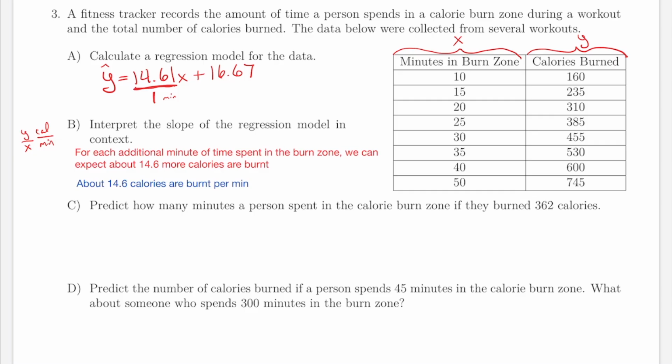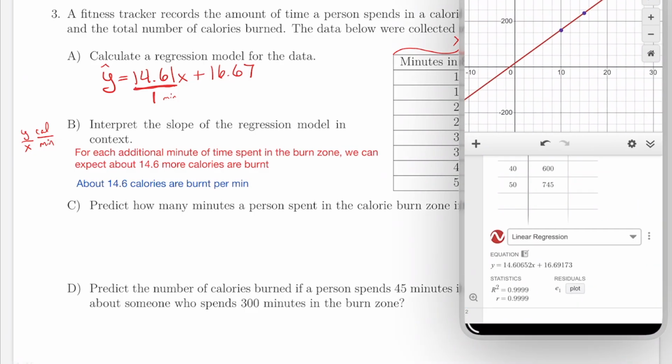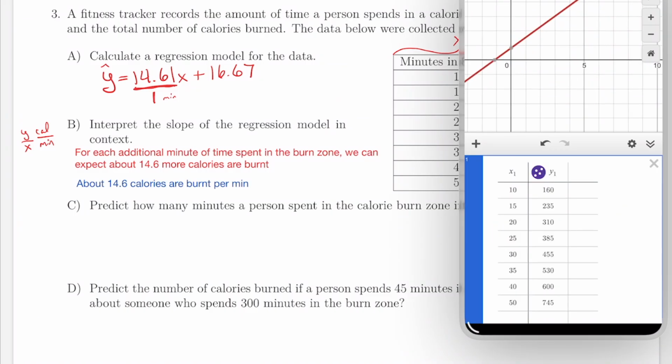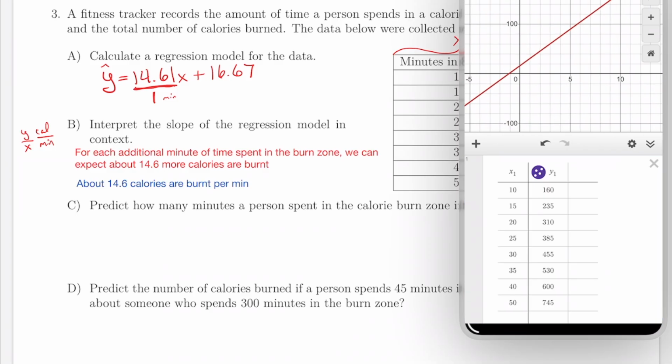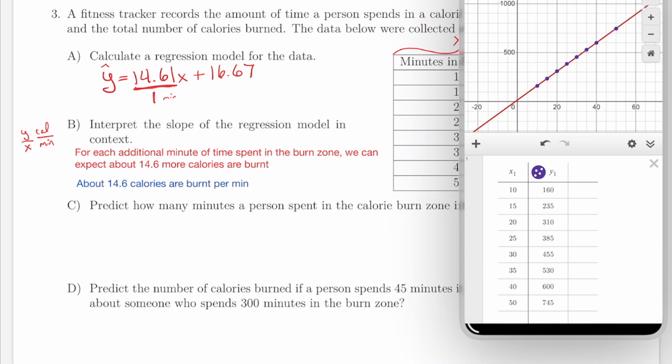Also, I want to point something else out here. If we look at time 0, we can see that at 0, it says we've burnt 16.69 calories. The thing I want to point out about this is our models are maybe good, but they might only be good for certain time periods. This one doesn't really make sense.